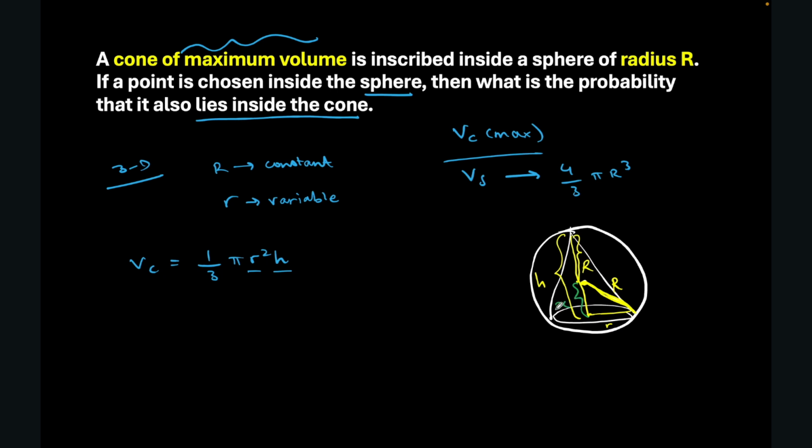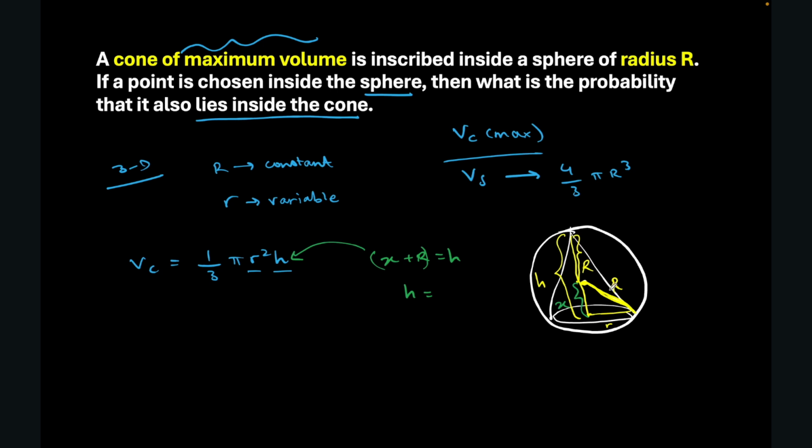So what I can say is x plus r is equal to h. x plus r is equal to my height. So my height is equal to x plus r. That's what it is.